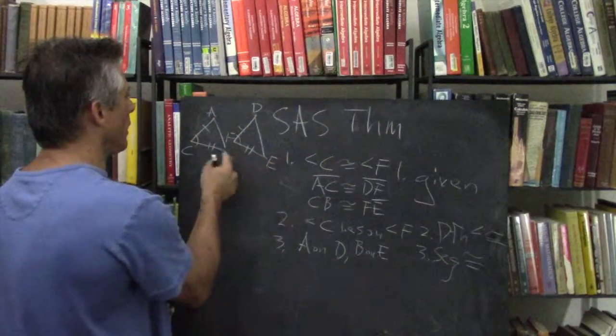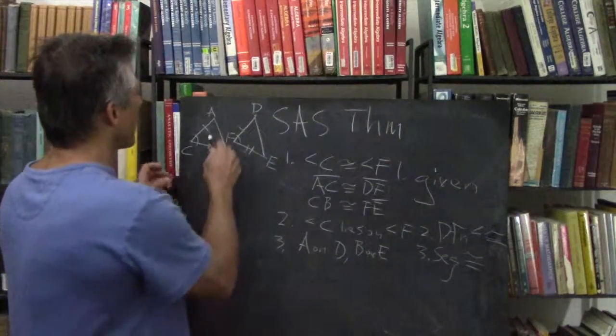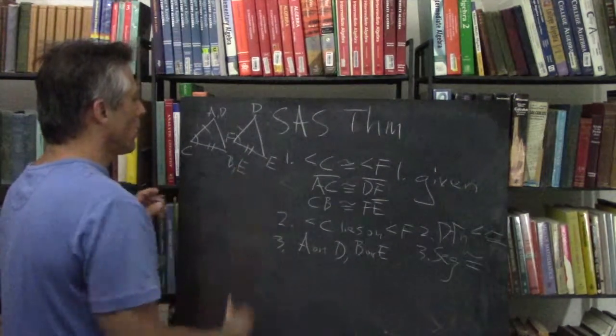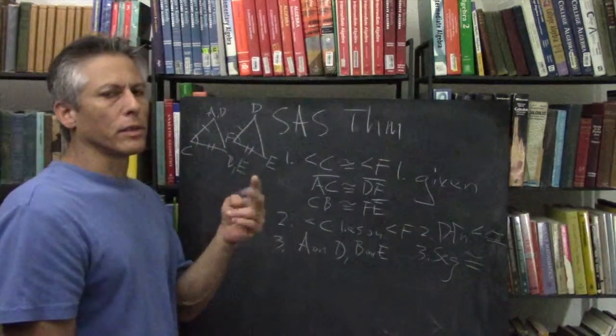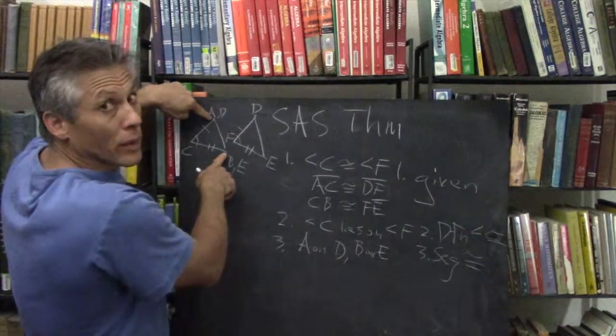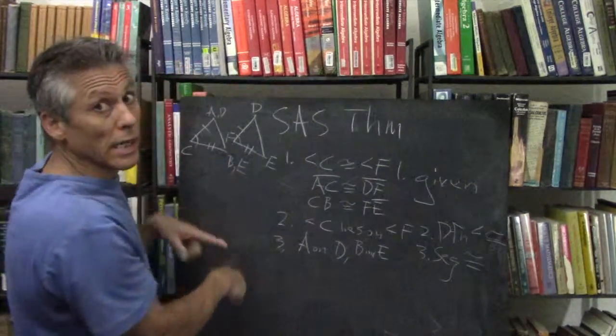A on D, E on B. And now we use one of our postulates. Remember, A and D are the same here. And 2 points determine one line. So this point and this point determine one line. So this has got to be, AB is congruent to DE.